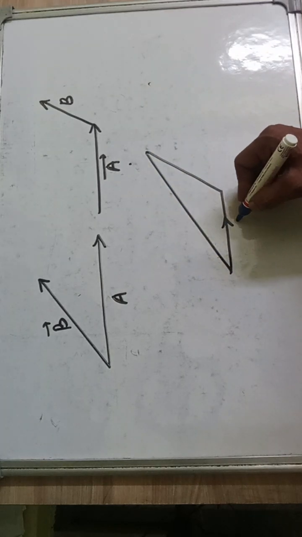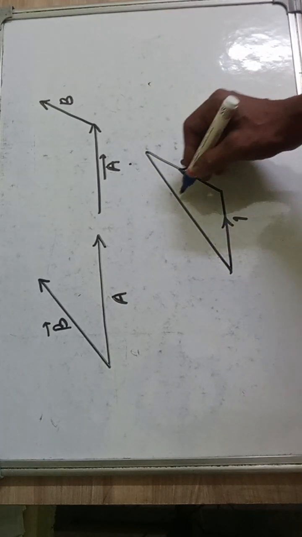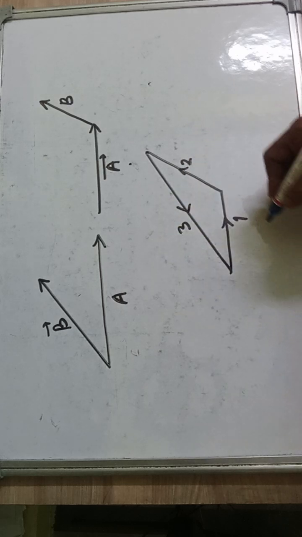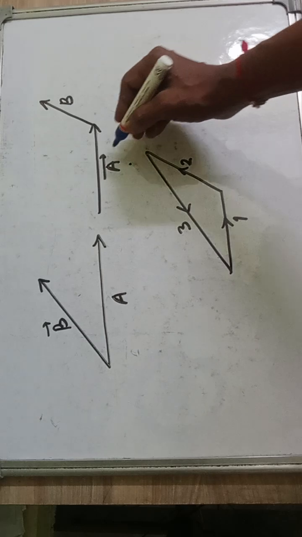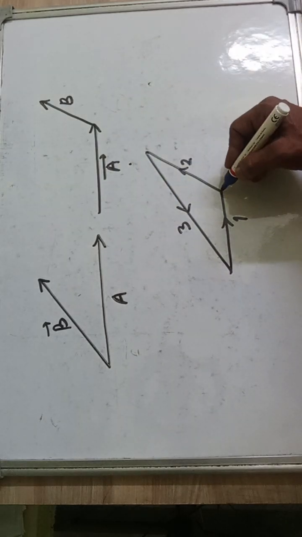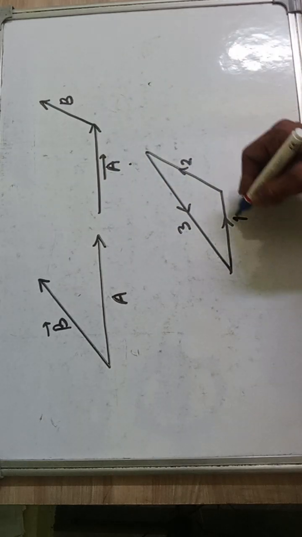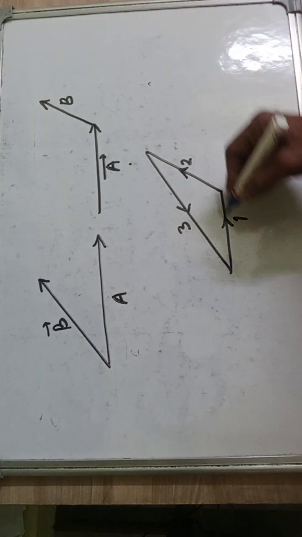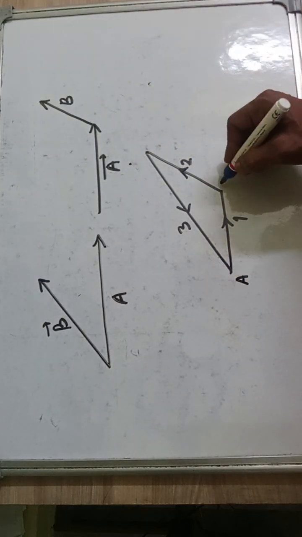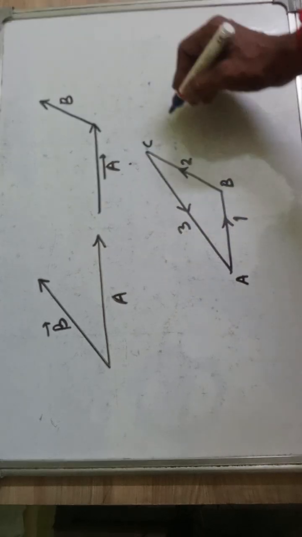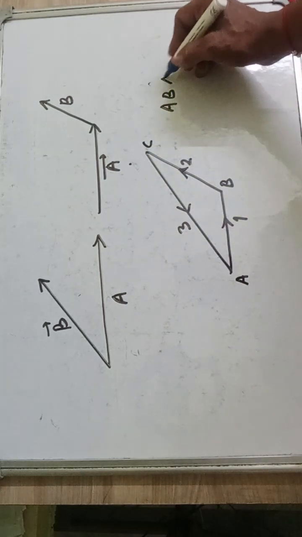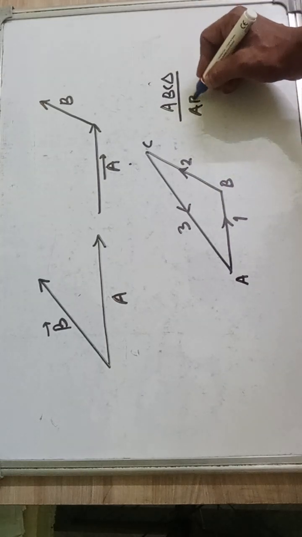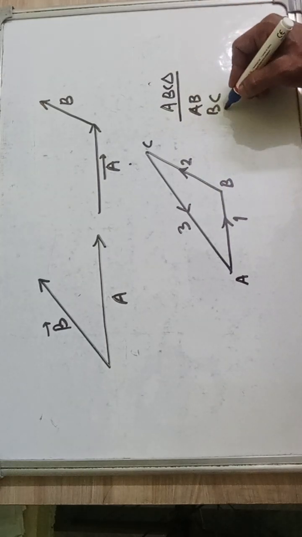Suppose this is side 1, this is side 2, this is side 3. Here, when we represent A by side 1 and represent B by side 2, suppose this is A, this is B, this is C. ABC is a triangle whose sides are AB, BC and CA.